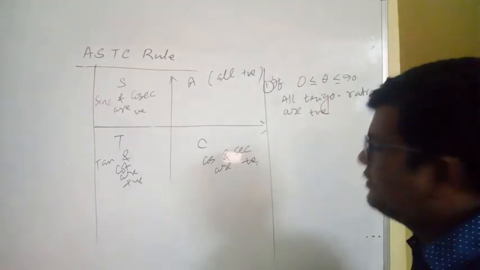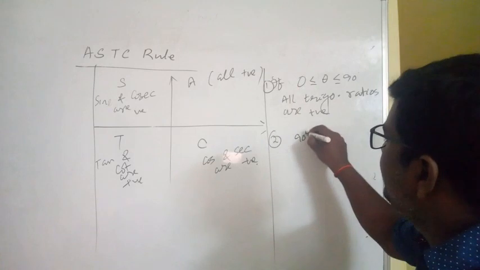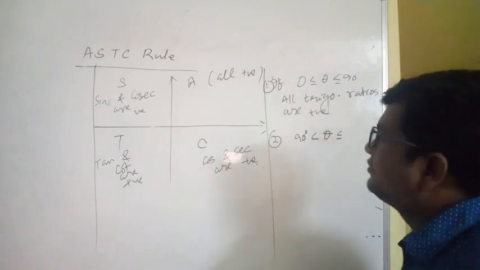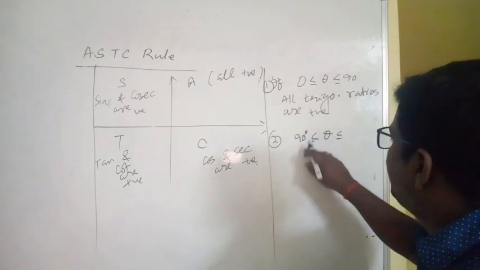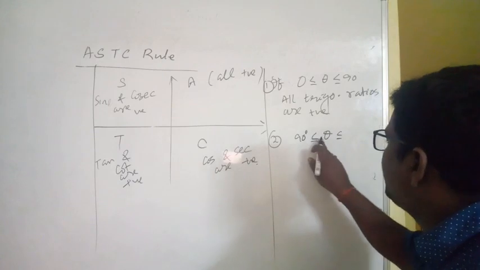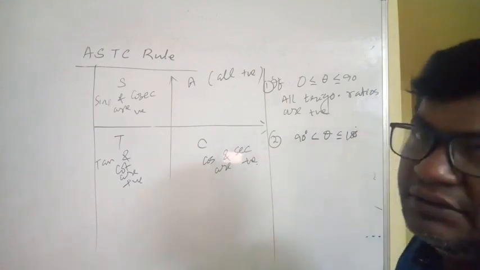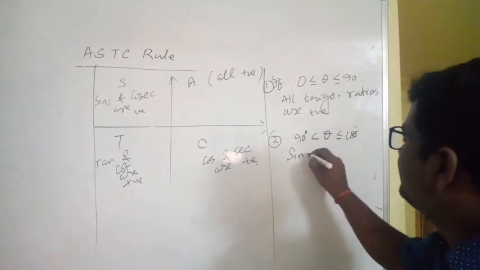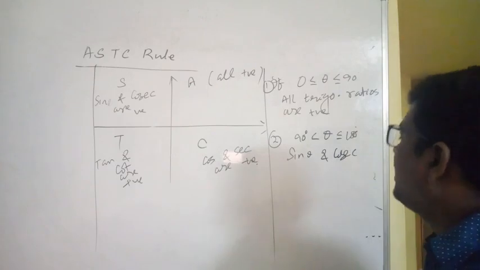First quadrant. This is the second quadrant: 90 less than theta less than 180 degrees.